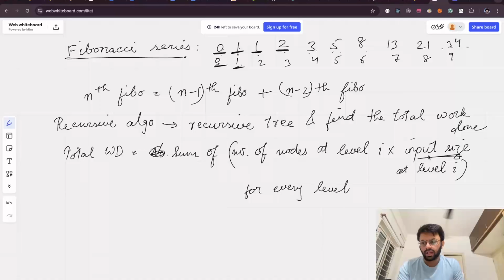So for a whole level, I need to add the total work done for each node. For each node at a particular level, the input size is the same, so every node does the same amount of work. So I'm just multiplying the total number of nodes at that level with the input size.